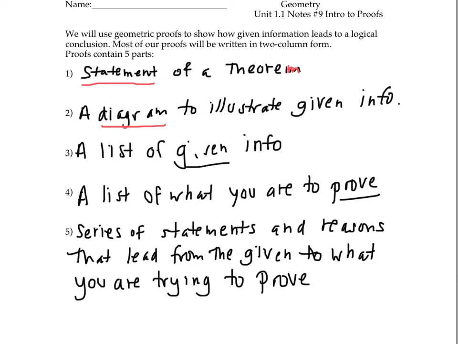So number 5, most important part of a proof. And very often that's the most challenging part to do.